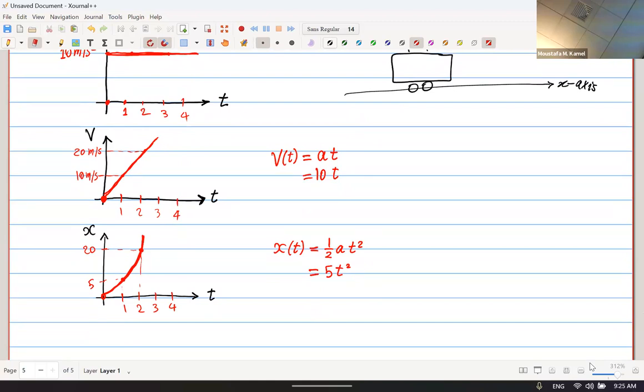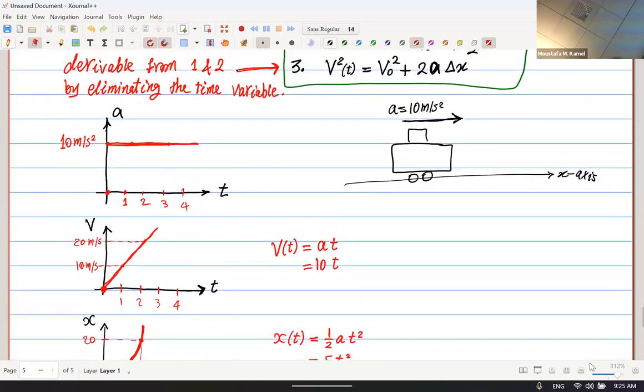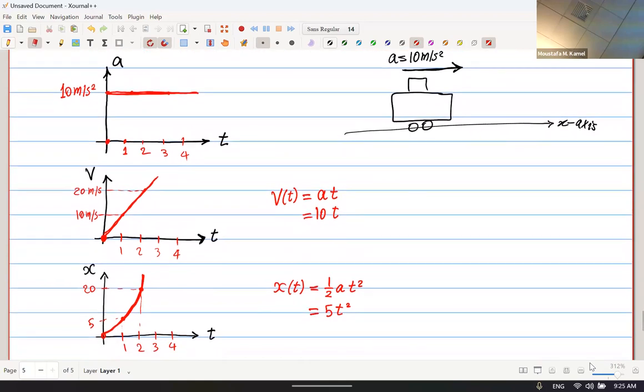Okay. This was just a brief introduction to graphs before discussing it in depth next time, because tomorrow in the lab, you will work with motion detectors and cars and carts. And on the computer, what you see are graphs like this.